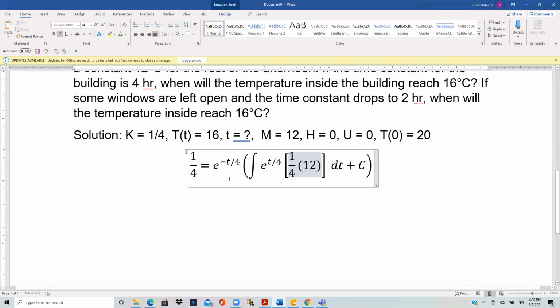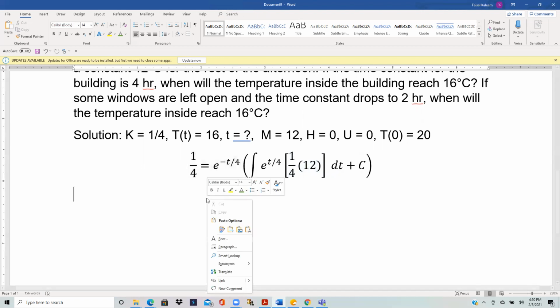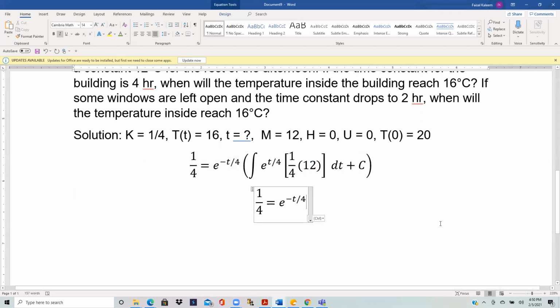And so now we need to integrate in the next step. So I'll just copy this much. Okay, so the 12/4 is just a 3. And then the integral of e to the t over 4 would be e to the t over 4 divided by 1/4.